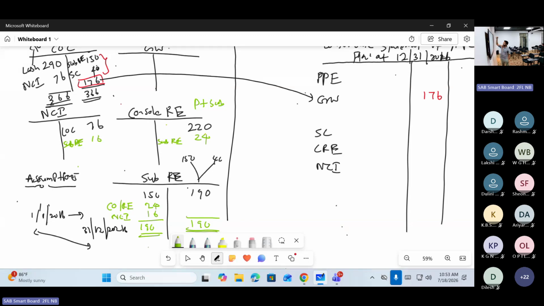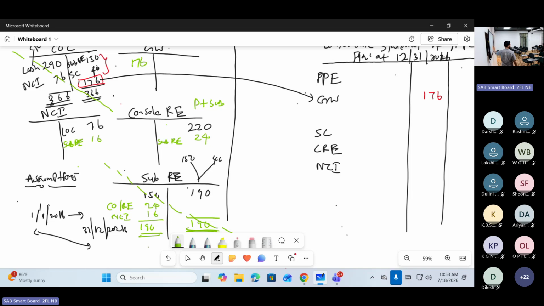You don't need to bring the 176 directly here. You can put it here: credit here, debit 176. Okay? Put it to the goodwill account. Now you see whether it is in the goodwill account or not. Credit here, debit here. This is the 176 we bring. Right? Then the account you finalize: now this account is done, this account is complete. Two accounts complete. Right? Because we completed this account, took the balance to the goodwill account.